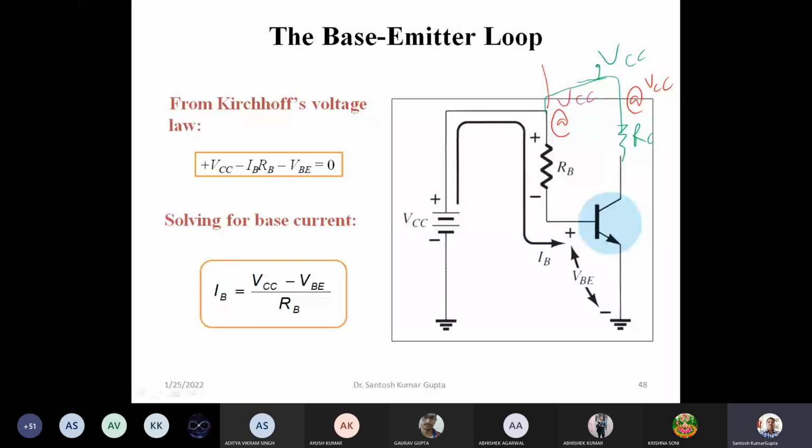So we can separate these in two parts, and take this input loop here and apply KVL to this. The current is flowing in this direction. If the voltage between base and emitter is known to us, if we know the type of transistor, then readily VBE is known to us, or VBE may also be specified in the problem.